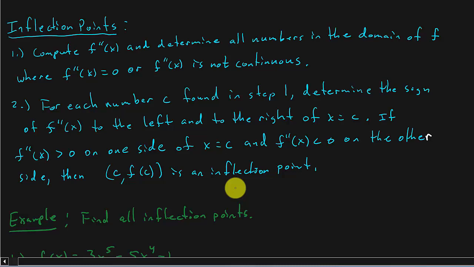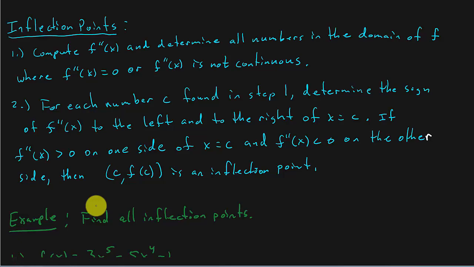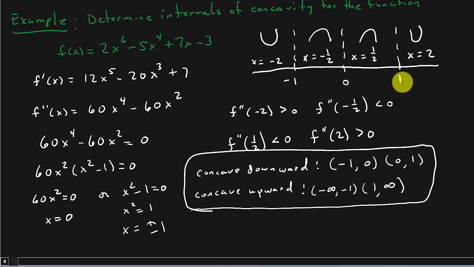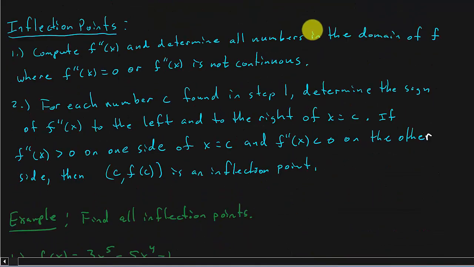And then also you can look at it, it's not just f double prime is positive on one side and negative on the other. It could be negative on one side, positive on the other. So it could be positive negative or negative positive. Basically, whenever you find that point c, like we found here, if it changes concavity, there's an inflection point there.